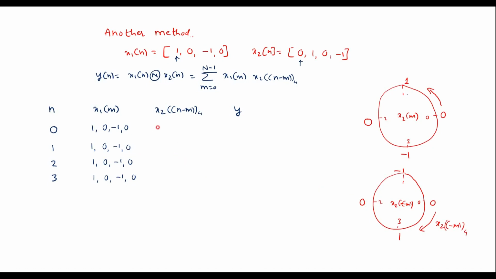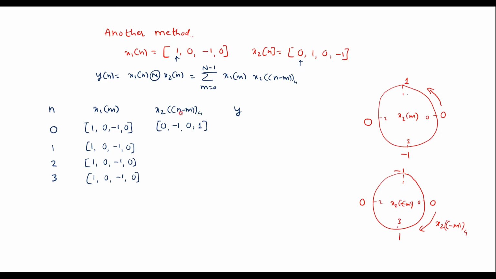So here I can write it as, for 0 it is 0, for 1 it is -1. While writing, we are supposed to follow the index 0, 1, 2, 3, that is 0 and it is 1. Now for n equal to 1, this value will be x2 of 1 minus m, circularly shifted by 4.